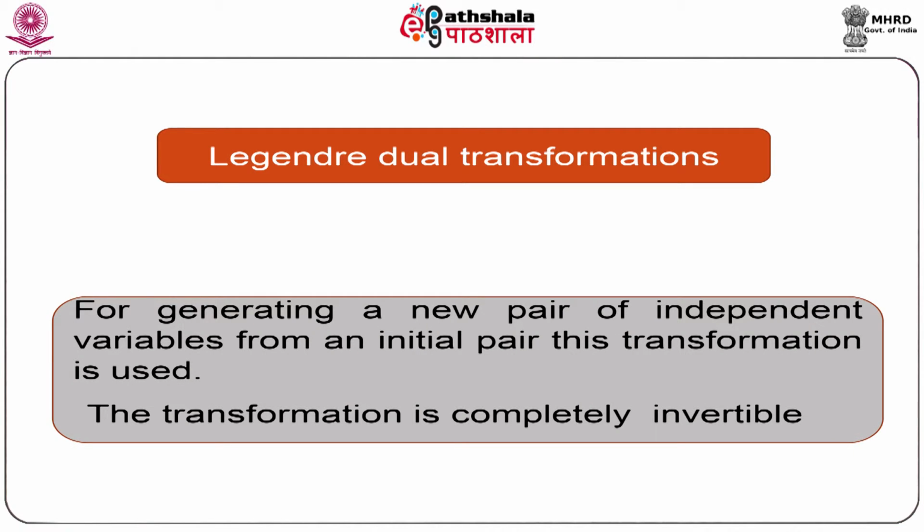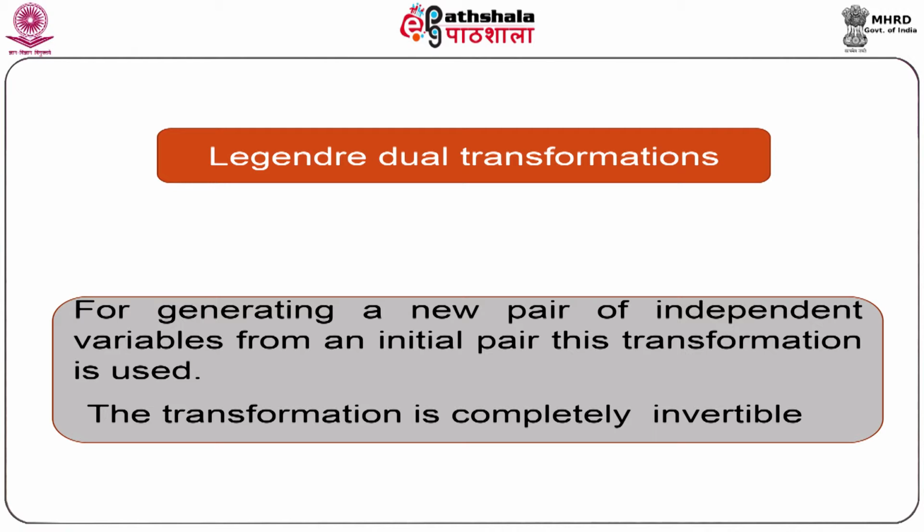Now we shall discuss Legendre dual transformation, which is very important in this chapter. For generating a new pair of independent variables x and z from an initial pair x and y, Legendre transformation is a standard technique.